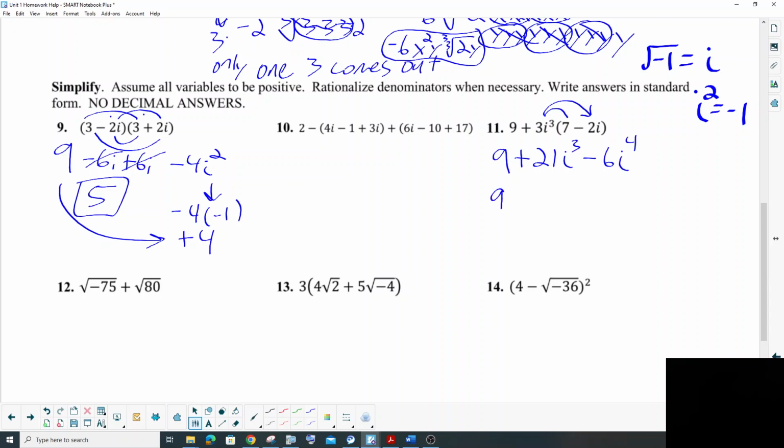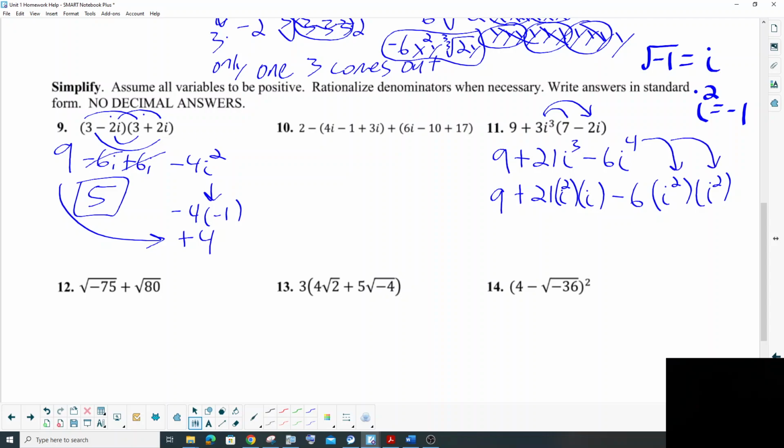So that's important, because we have 9 plus 21, technically i squared times i, -6 times i squared times i squared. I took that 4 and broke it into 2 and 2.